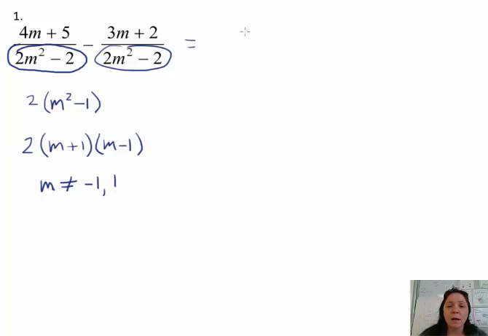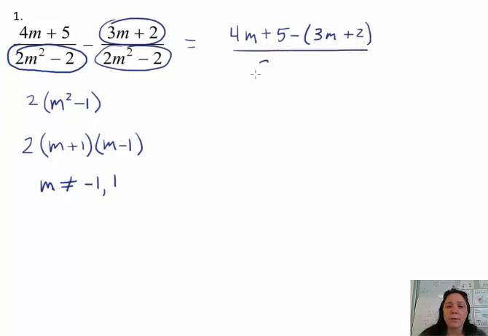So now I just need 4m plus 5 minus, and here it's important to keep parentheses because I need to subtract all of this, not just the 3m, plus 2, all over 2m squared minus 2. And I need to distribute this negative sign.